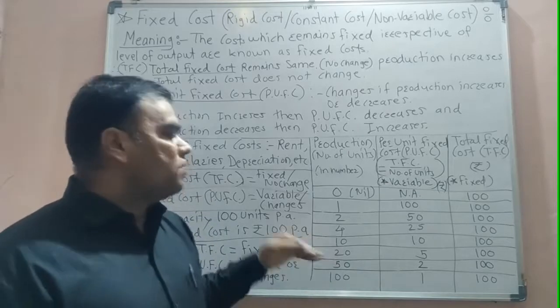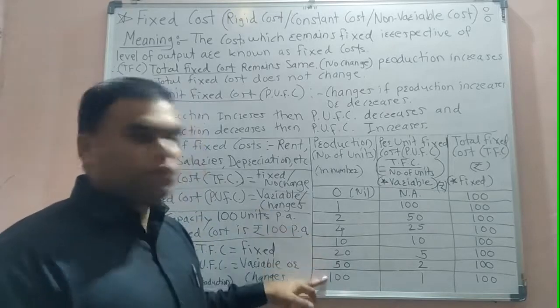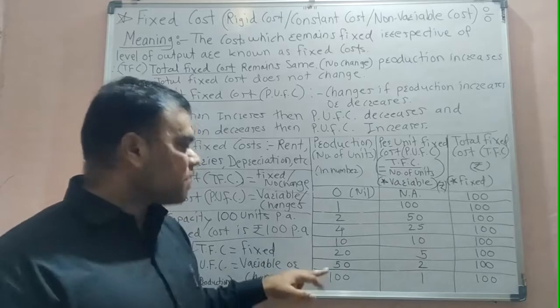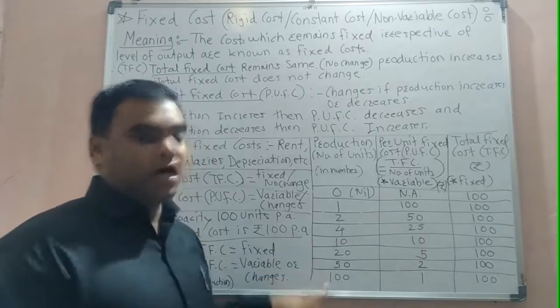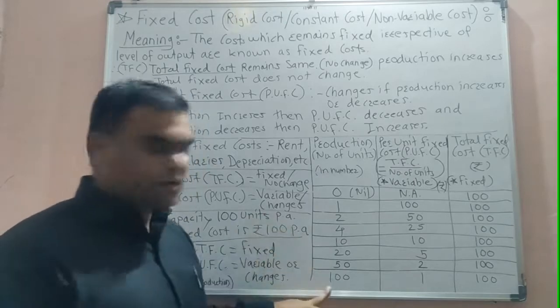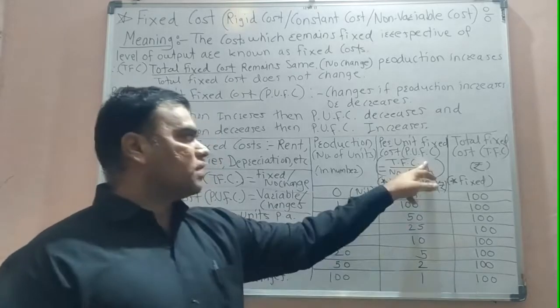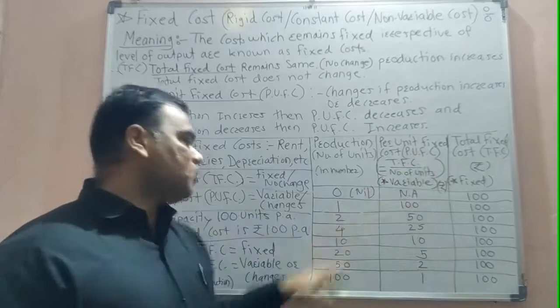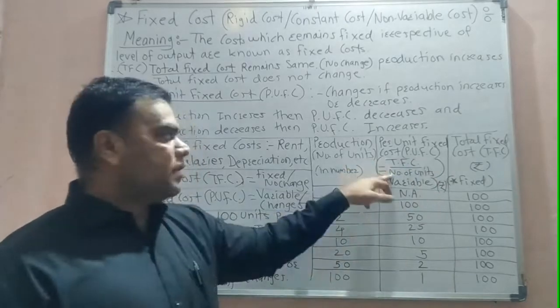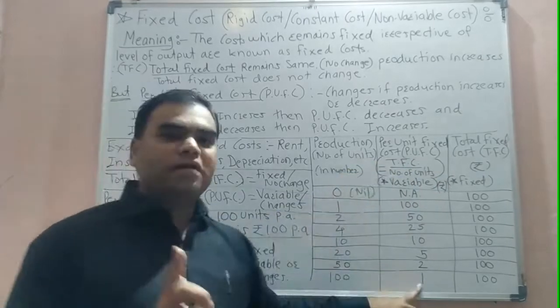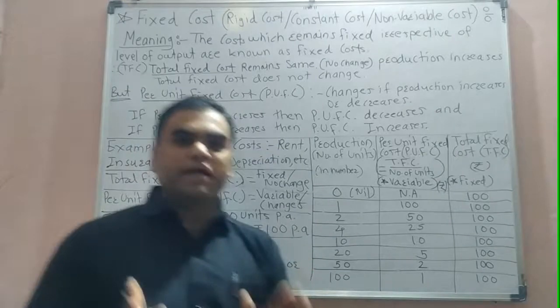If you have increased more, up to 100 units, the highest capacity, total fixed cost remains the same, 100. Total fixed cost 100 divided by 100 units, 100 divided by 100, rupee 1 will be the per unit fixed cost.